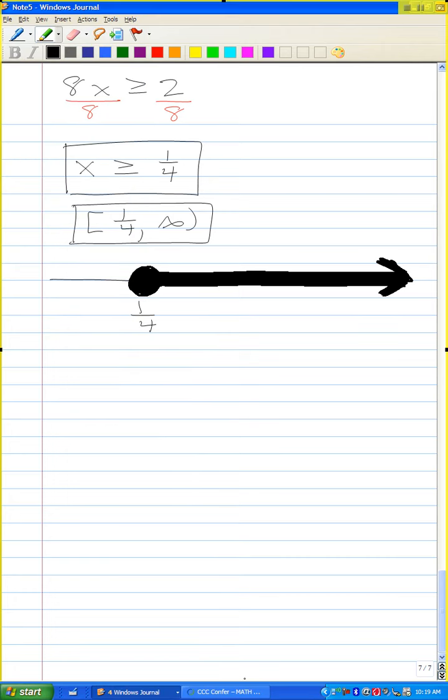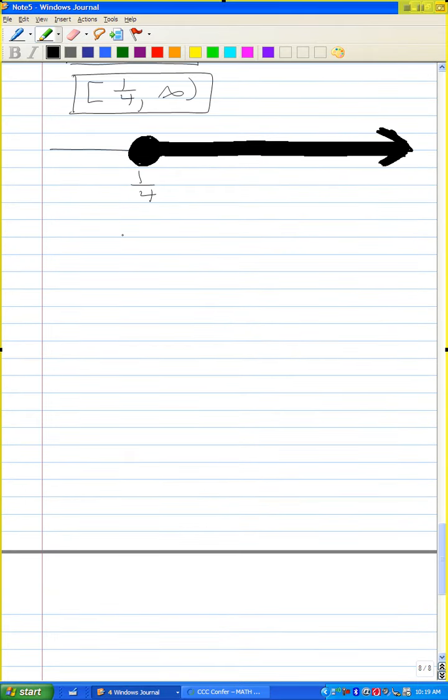So the question is, could you write infinity, 1/4? The answer is no. The reason you can't do that is because this one has to be less than this one. So this quantity must be less than that quantity, but this infinity is way over here. Let me just write this. Notice that this is 1/4, and this keeps going forever. So that's infinity.